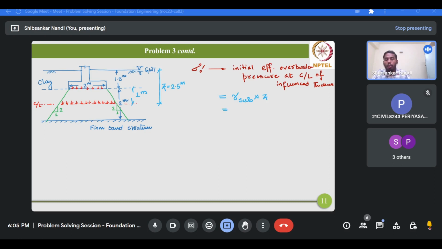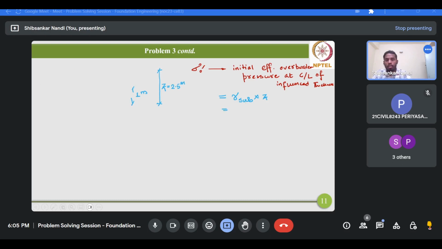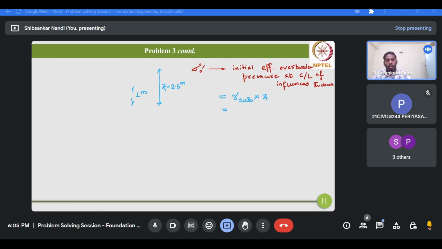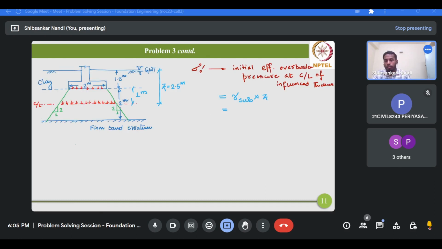And what is the value of the submerged unit weight then? Is it mentioned in this problem? No, it's not mentioned. However, we can calculate the submerged unit weight. So gamma submerged is gamma sat minus gamma w, and it would be (Gs minus 1) divided by (1 plus e) multiplied by gamma w.